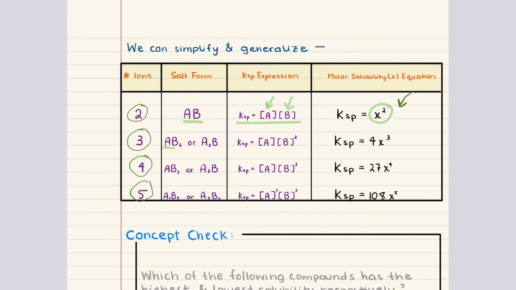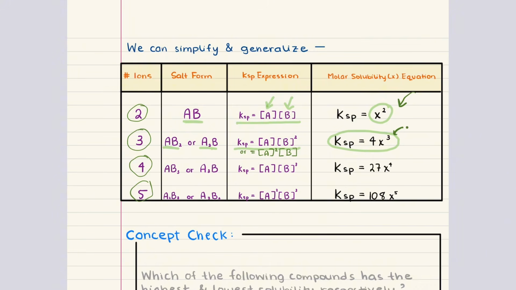For AB2 or A2B, we can write that KSP is either equal to the concentration of A multiplied by the concentration of B squared, or it can be equal to the concentration of A squared times the concentration of B. But the molar solubility is just related to KSP as being equal to 4X cubed.